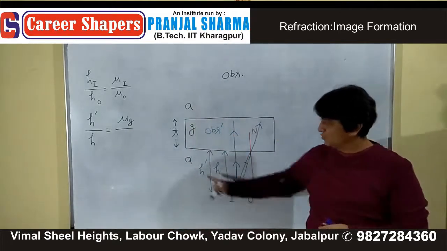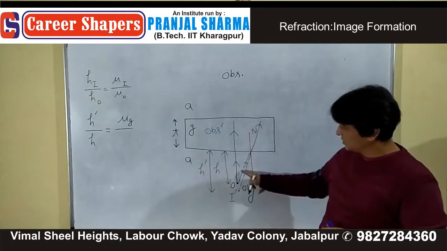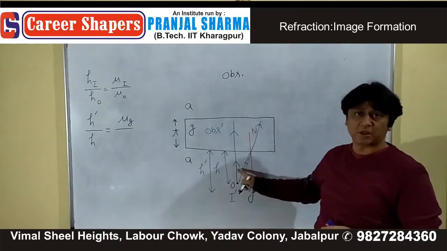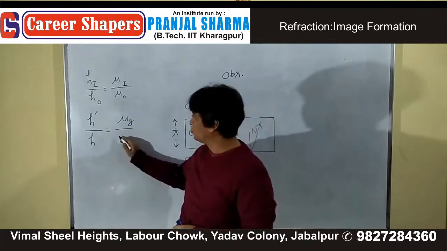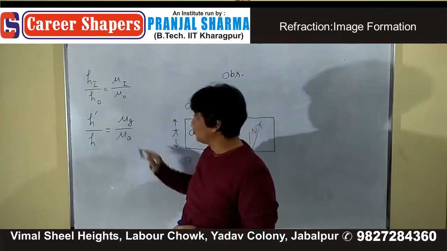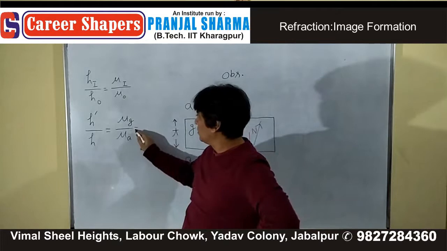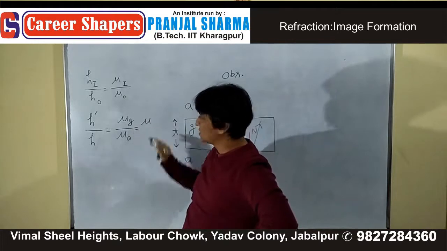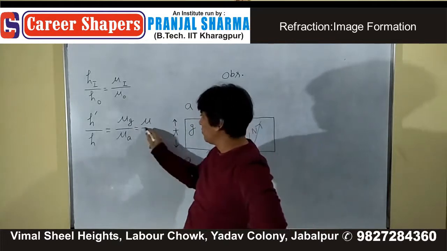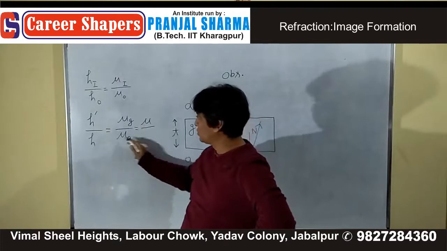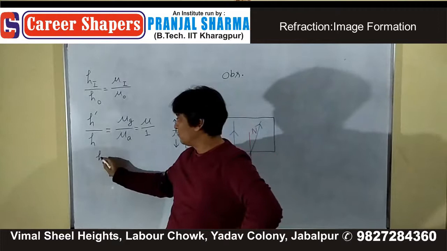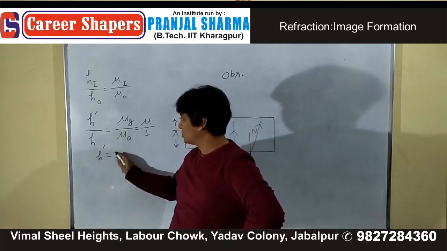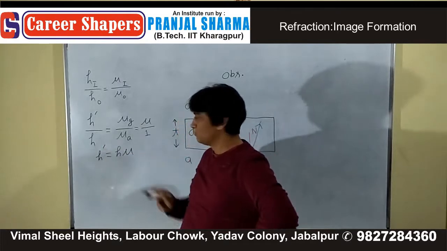Object is in what? Air. This incident ray and this incident ray, they both are in air. And therefore, mu object is what? Mu air. Now, the refractive index of glass is simply mu for us, and the refractive index of air with respect to air is nothing but 1. From this, we have obtained h dash, which is coming h times mu.